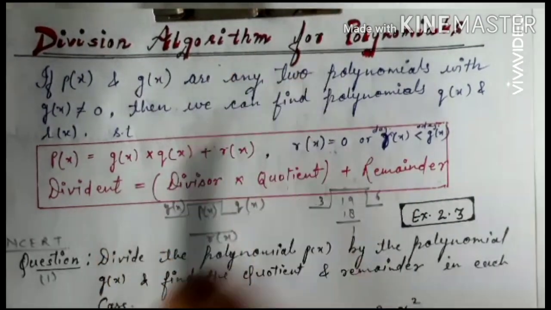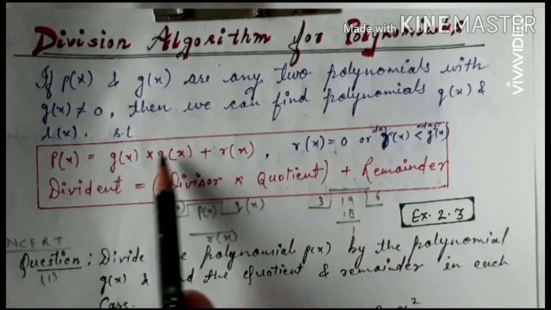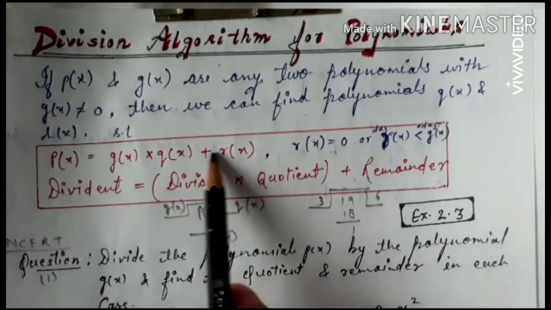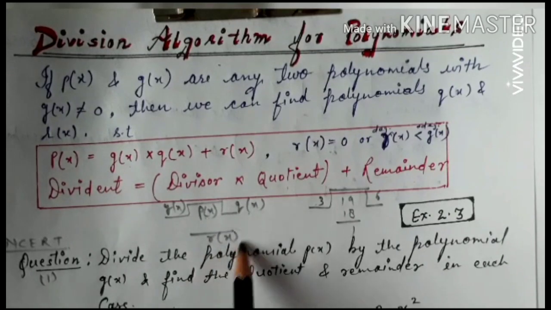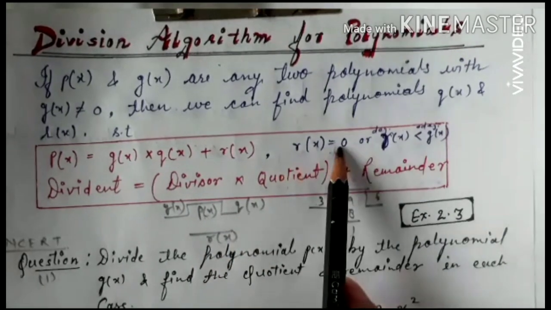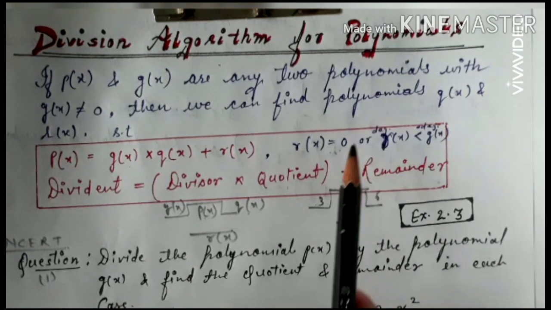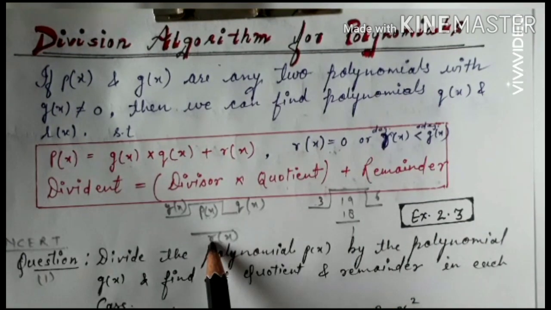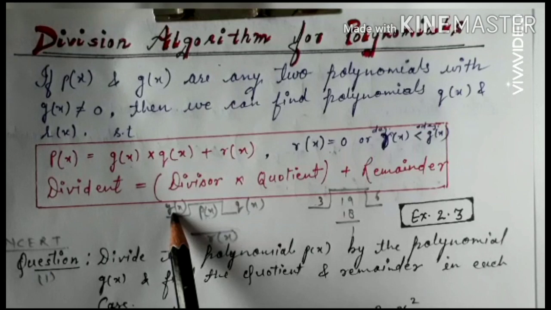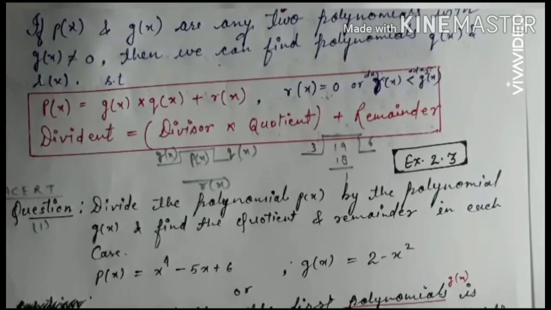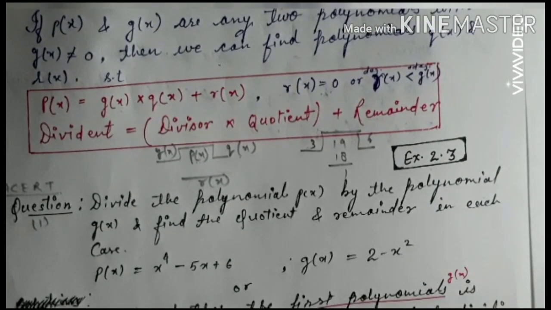For the division algorithm, p(x) equals g(x) multiplied by q(x) plus r(x). That means dividend equals divisor times quotient plus remainder. The remainder can be 0, or the degree of the remainder is always less than the degree of the divisor. In your 9th class you became familiar with the division of polynomials.